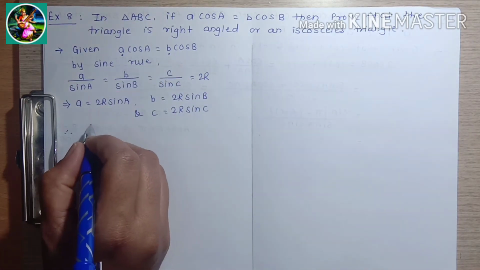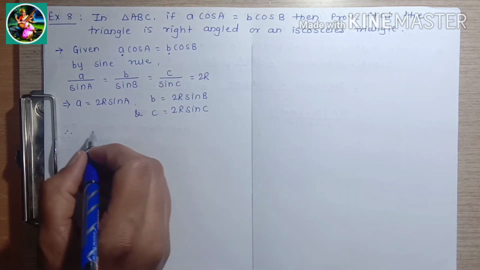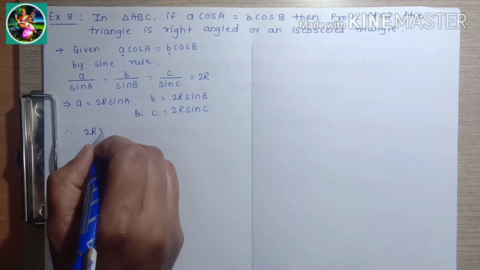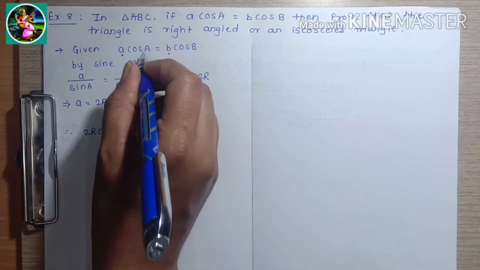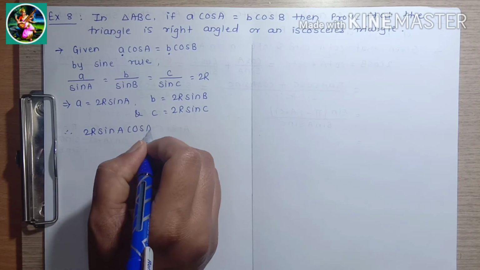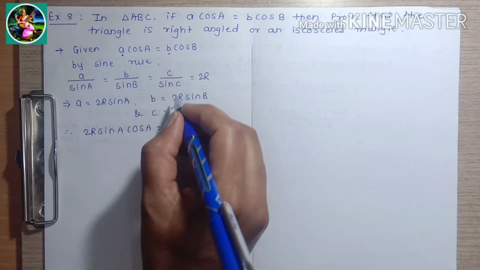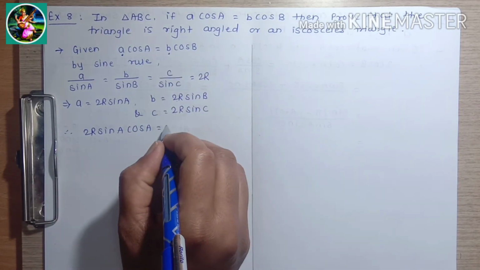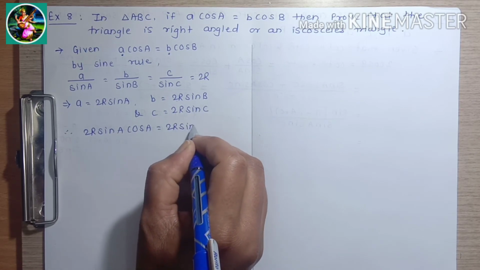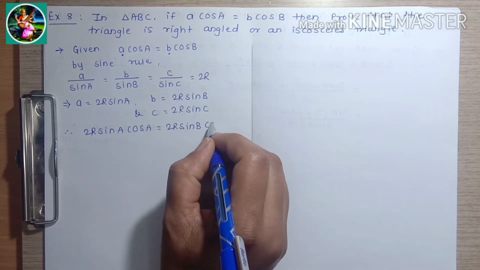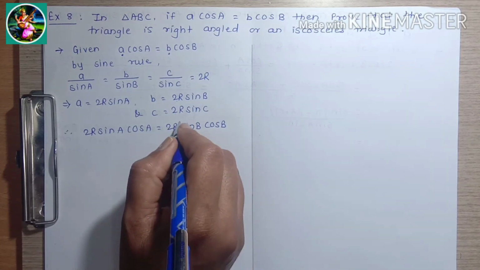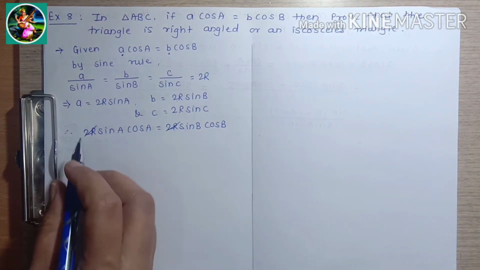Therefore, here we get the given equality as 2R sin A, and cos A as it is, is equal to 2R sin B, and cos B as it is. The 2R from both sides we cancel.